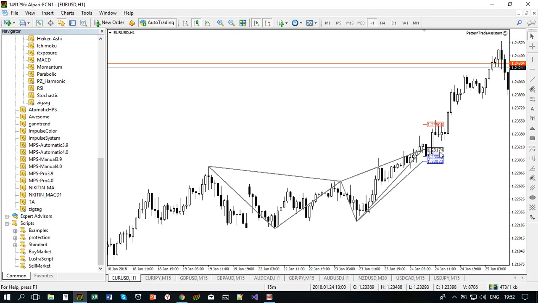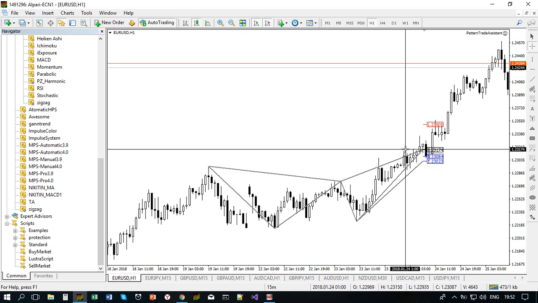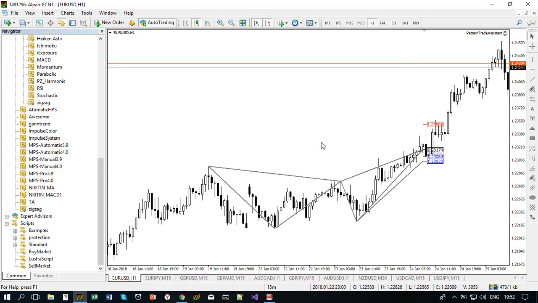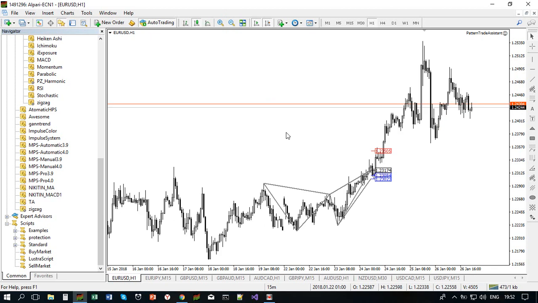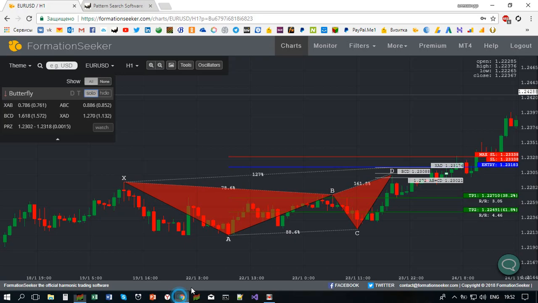But it doesn't really matter, because you know that the pattern is only activated when the last line of the potential reversal zone is hit. The calculations are the same, and the algorithms are very, very similar in calculating the patterns.